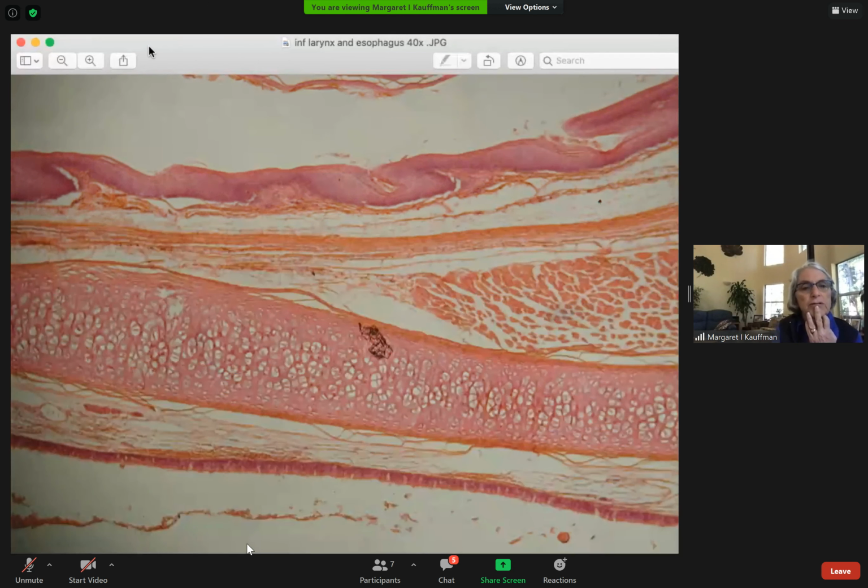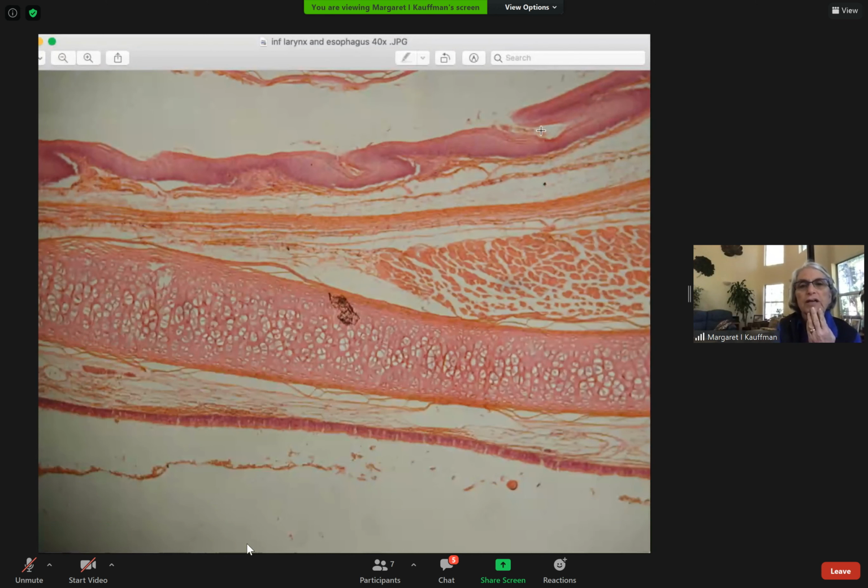It's a little hard to tell from inferior larynx and esophagus. So this is part of that esophagus right at the opening. So I think this is the cricoid cartilage. So we're on the posterior part, and it's pseudo-stratified. But I may have taken this a lot deeper than the composite picture shows. So you're not going to see something analogous there.